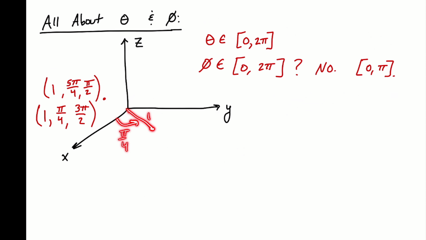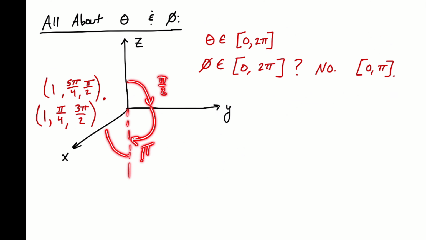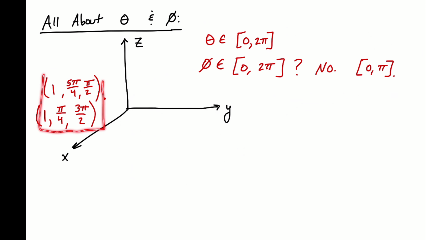And then this 3 pi over 2 is saying rotate, this is pi over 2. Rotate again, so now we're down here at pi, and then rotate again to get back up to the xy plane to get 3 pi over 2. So these two triples describe the same point.